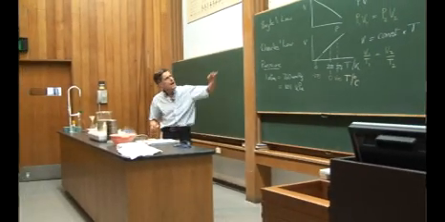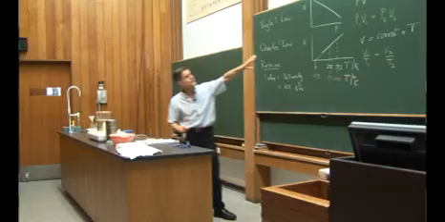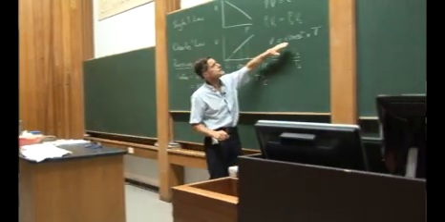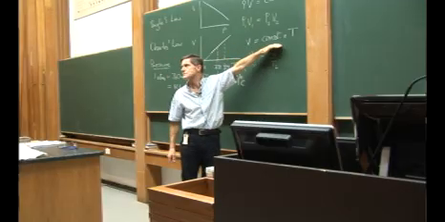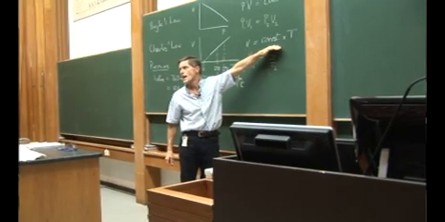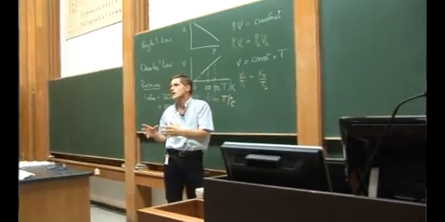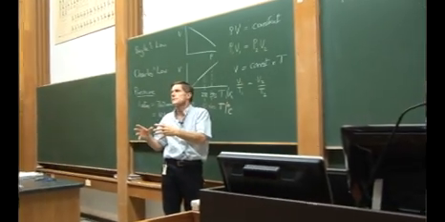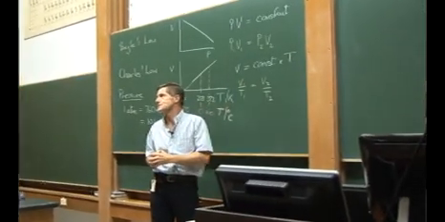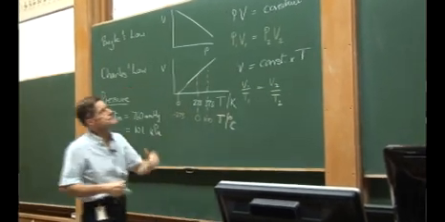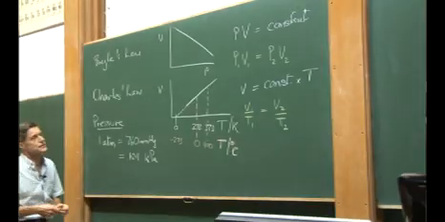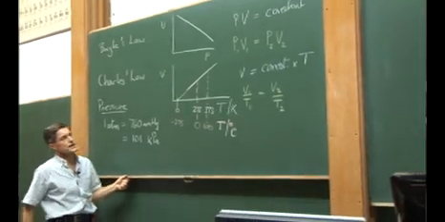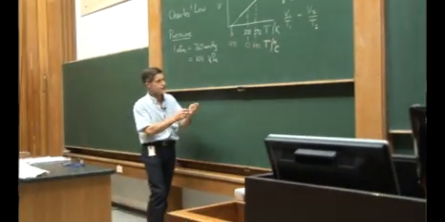So how can we combine these? We see that pressure times volume equals a constant, volume is a constant times temperature, and if we look at a situation where we have, say, 1 mole of a gas, we can combine these laws, Boyle's and Charles's law, into what we call the ideal gas equation.